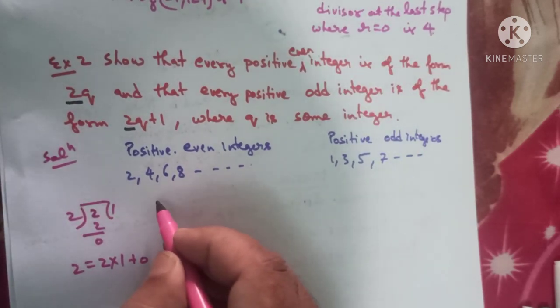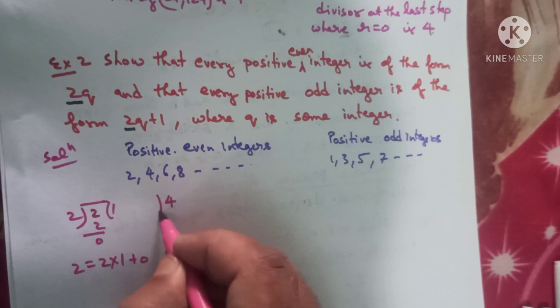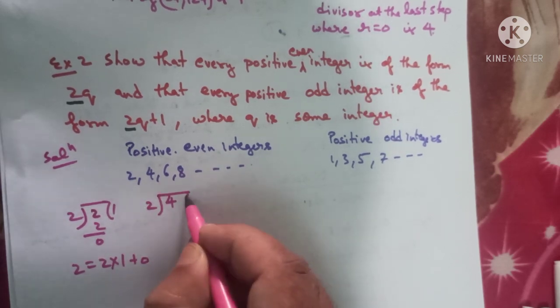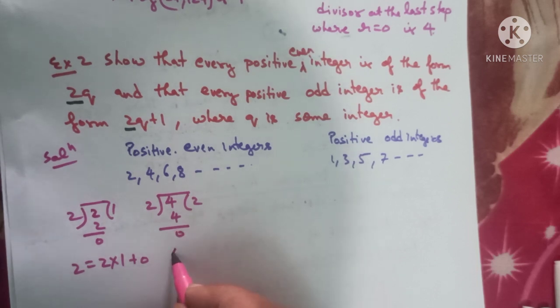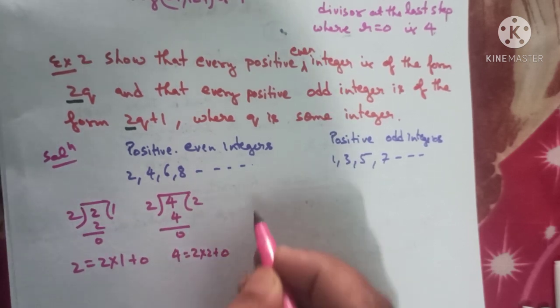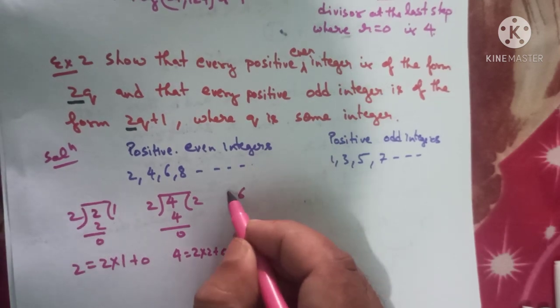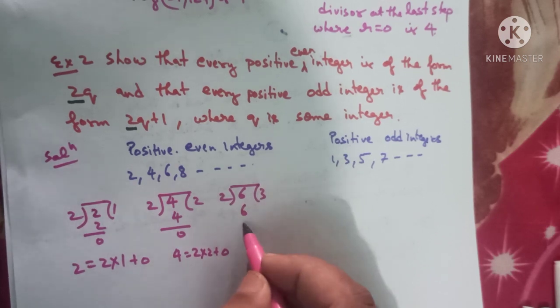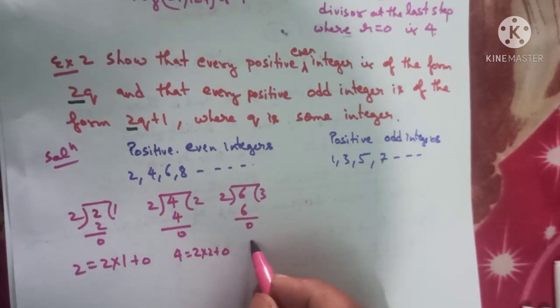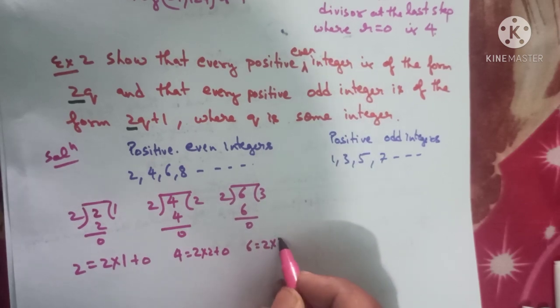Now if we are dividing 4, 2 times 2 is 4, 4 minus 4 is 0, again dividend 4 is equal to divisor into quotient plus remainder. Now 6, if we divide, 2 times 3 is 6, 6 minus 6 is 0, that is 6 is equal to 2 times 3 plus 0.